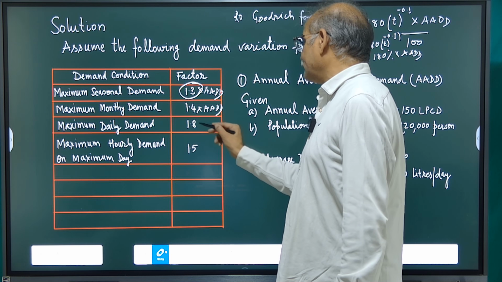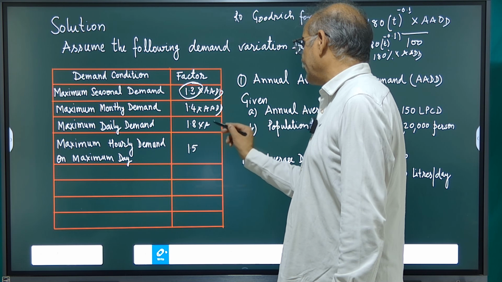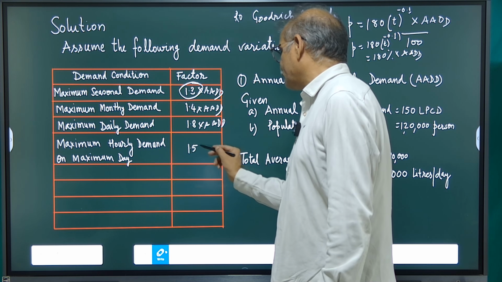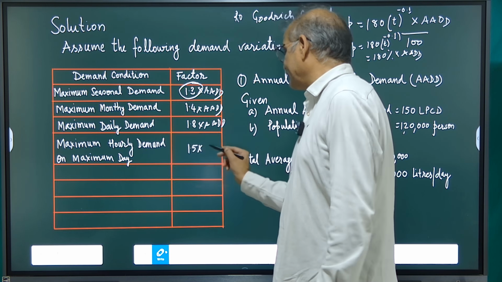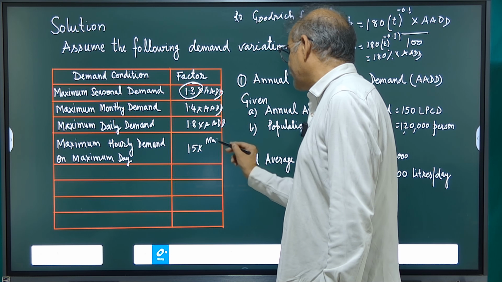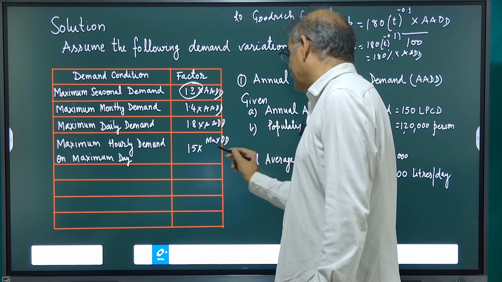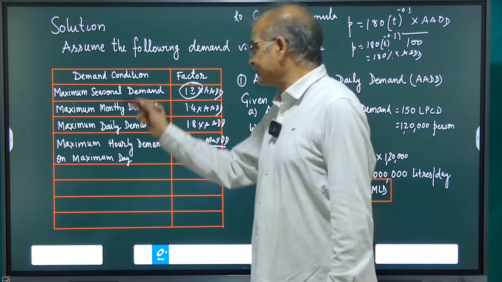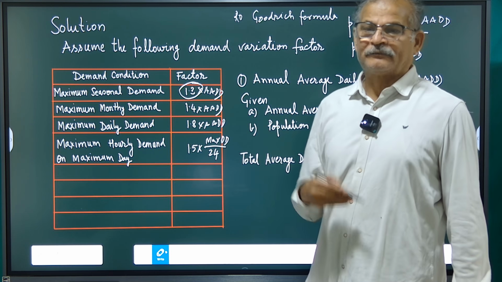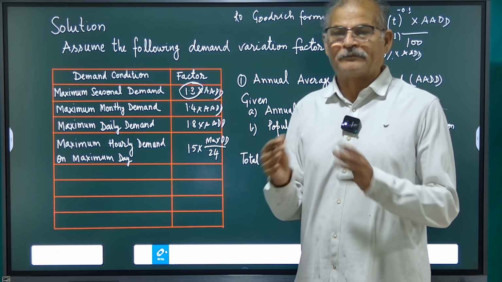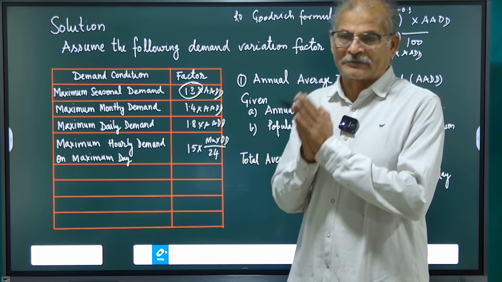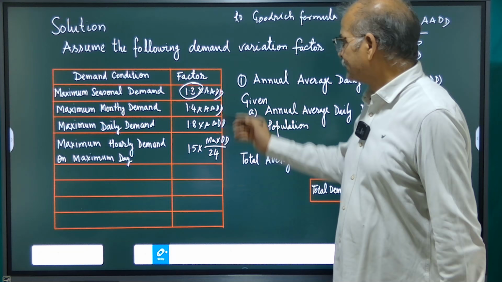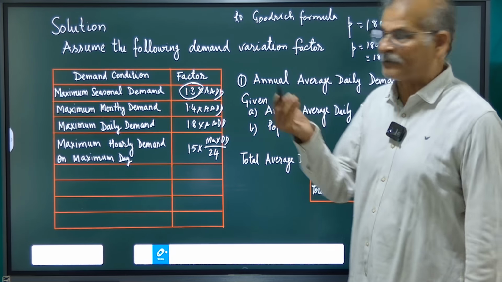Maximum daily demand will be 1.8 times annual average daily demand, and maximum hourly demand will be 1.5 times of maximum daily demand divided by, since it is hourly, 24. So we get all these with the factors. We determine the maximum daily demand, maximum monthly demand, maximum seasonal demand, maximum hourly demand. All this we find out by applying these factors for the given population.